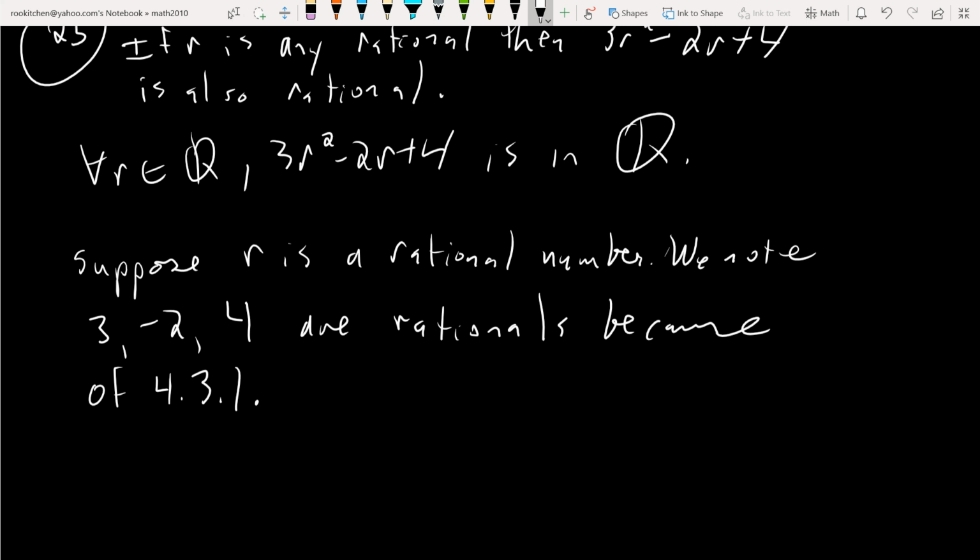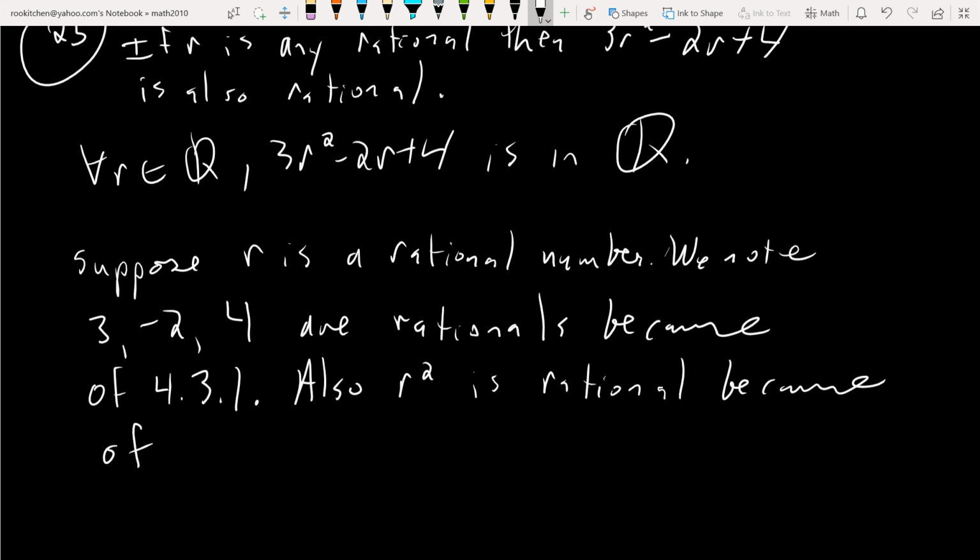Anyways, what else? Also, r squared is rational because of exercise 12. Number 12 says the square of any rational number is rational. So I'm trying to build to this 3r squared minus 2r plus 4.